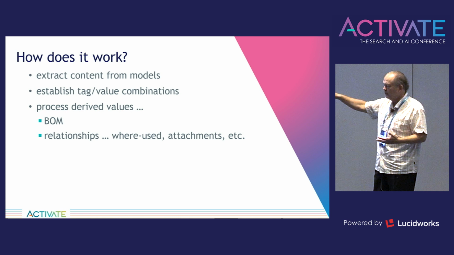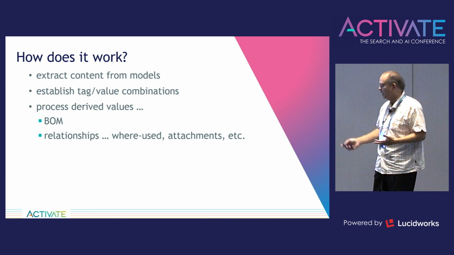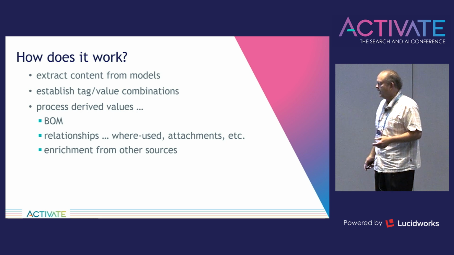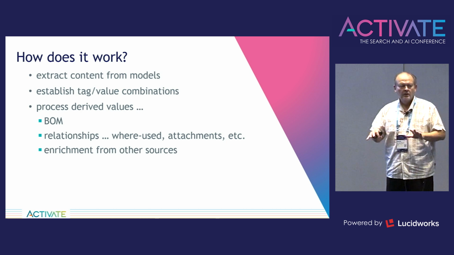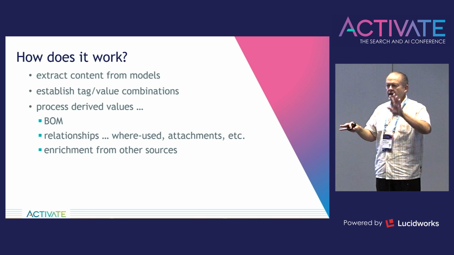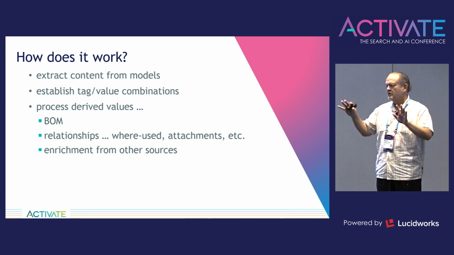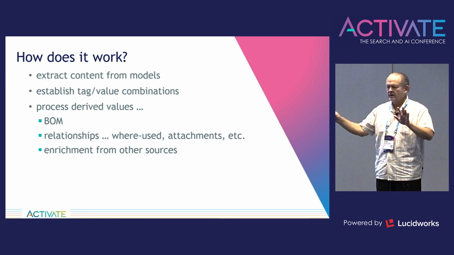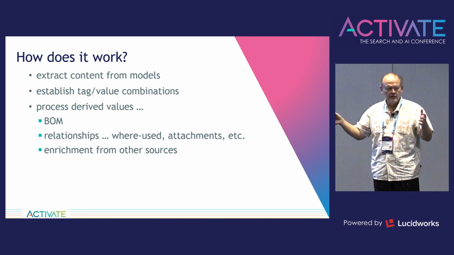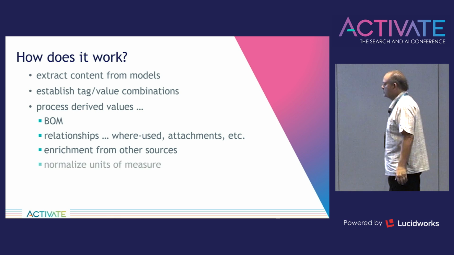So where used, attachments, things that are connected to this particular model, and then potentially enrich it from other sources. So in your organization, you may have a CAD drawing, but it's very typical that there might be a spreadsheet, Access database, maybe SharePoint, or whatever it has to be, where other data is already defined. So this is a great opportunity, and the time, to go ahead and enrich it from other sources.